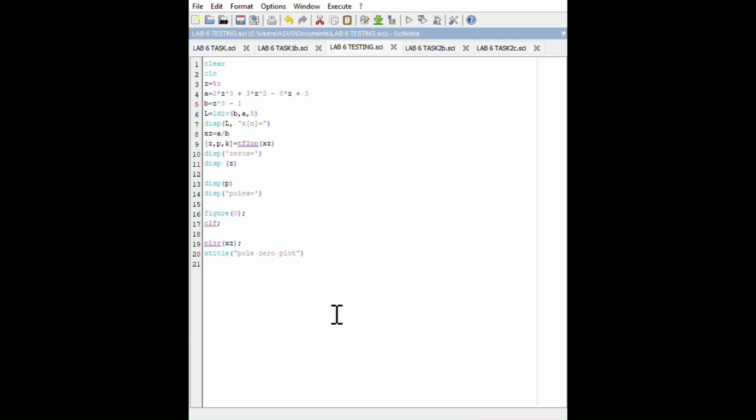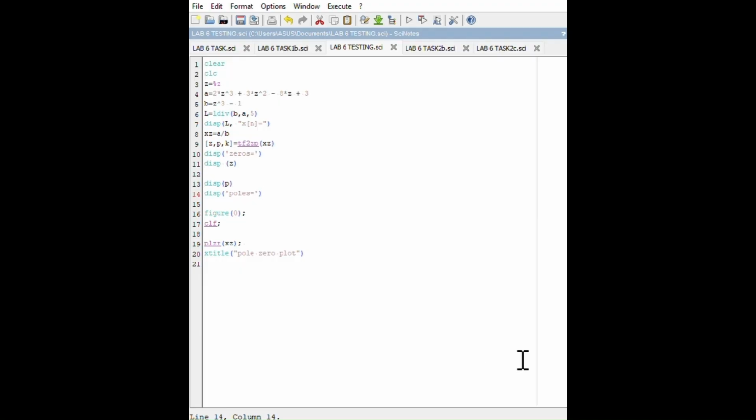It outputs the zeros into an array z, the poles into p, and the system gain into k. And then this display zeros will print the zeros to the console, and it also prints the poles here. Display poles will print the poles to the console as well.